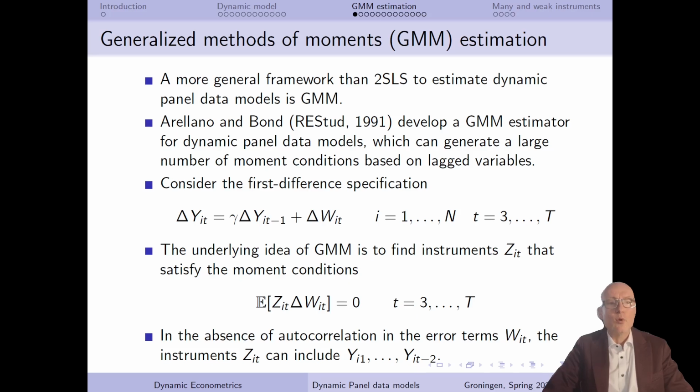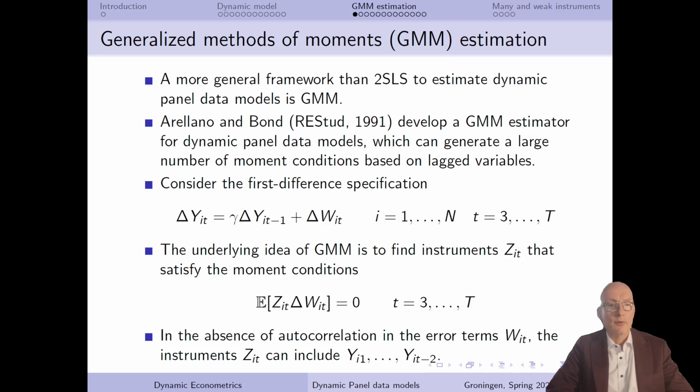Instead, we could also use the generalized method of moments, usually denoted by GMM, and I do know that you already had GMM during Introductory Econometrics. There is a paper by Arellano and Bond from 1991, published in the Review of Economic Studies, and they developed a GMM estimator for dynamic panel data models, which can generate a large number of moment conditions based on lagged variables.